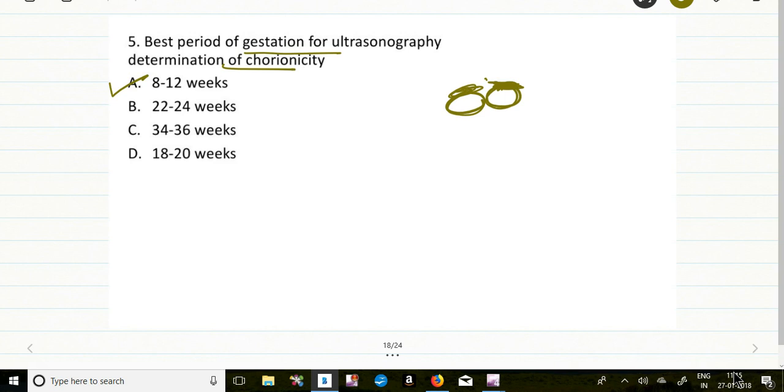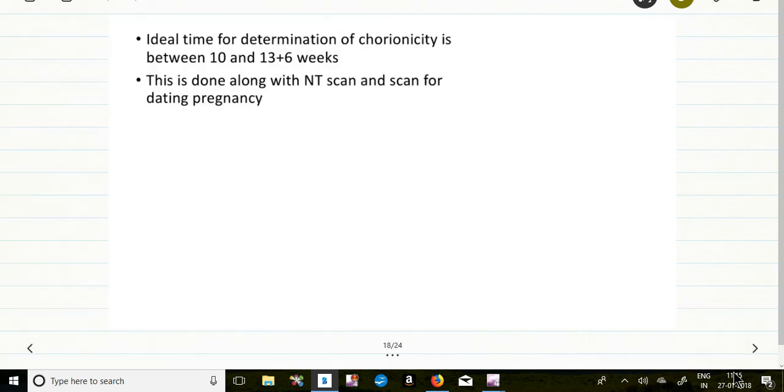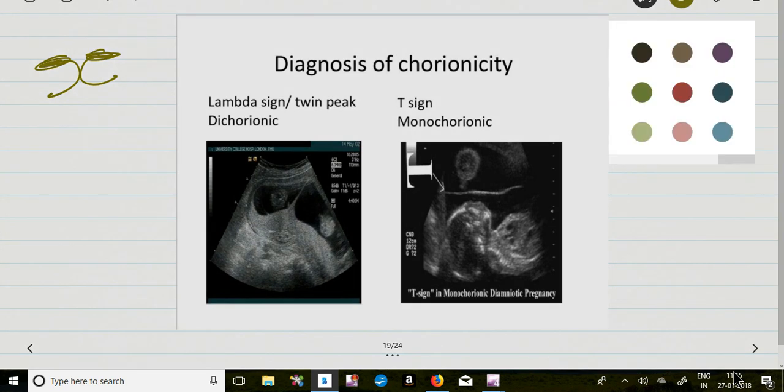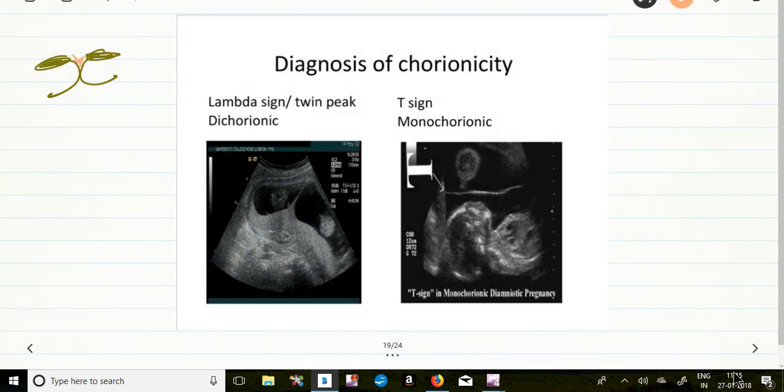Now let's see how we differentiate between dichorionic and monochorionic. We'll come to this later. We'll first see the signs. As I said, if you have two separate placentas and two separate amniotic sacs, the tissue in between forms a lambda. That's called lambda sign. This lambda sign is indicative of dichorionic twins.